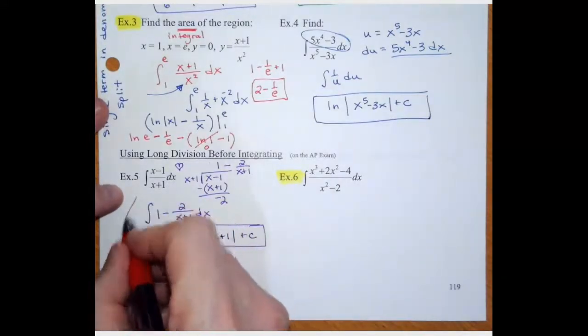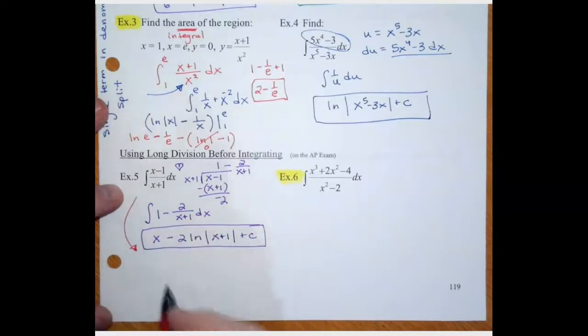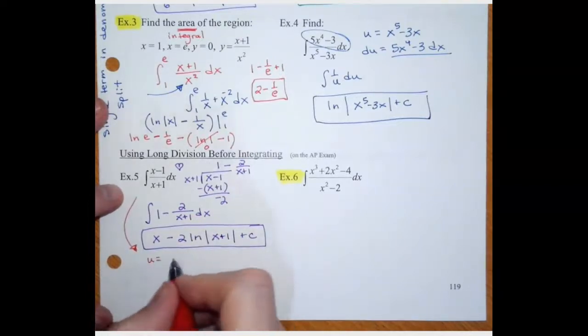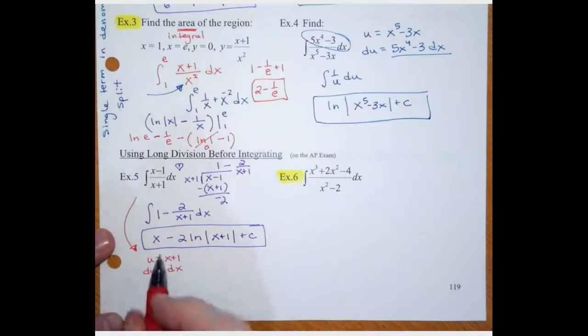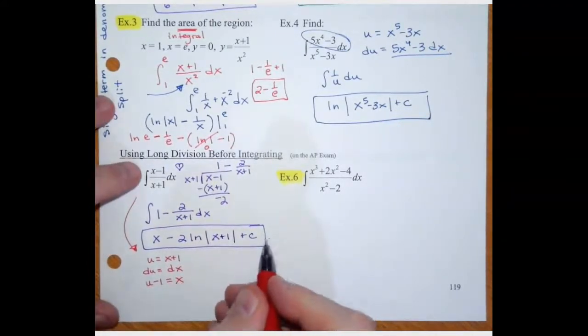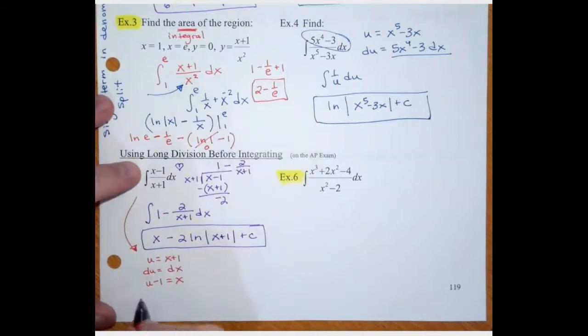So if you let u be that x plus 1, then du is going to be dx. But if you go back and say, okay, hold on here, what does x equal? If we solve this for x, then we get u minus 1 equals x. So we can substitute in there.